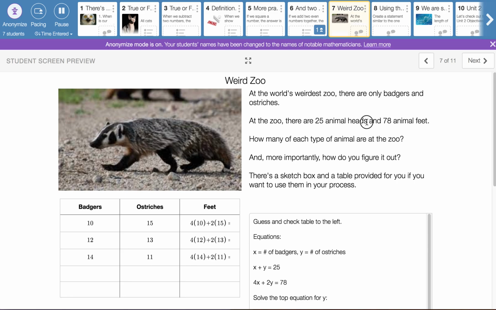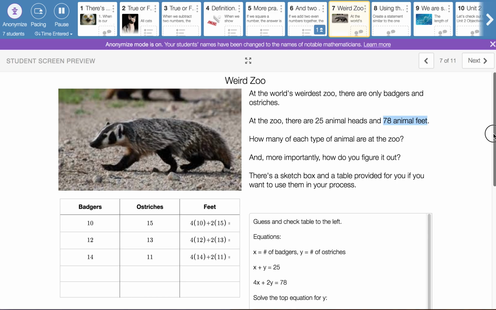There are 25 animal heads and 78 animal feet. This helps us because 25 animal heads lets us know there are only 25 animals at the zoo. And 78 animal feet will help us because badgers have 4 feet each and ostriches have 2 feet each. So armed with all of this information, we can puzzle our way through to figure out how many of each type of animal are available.